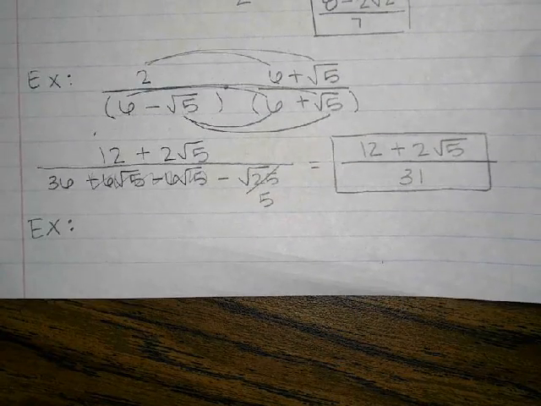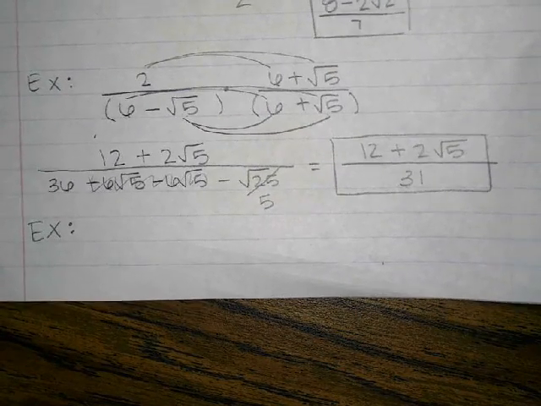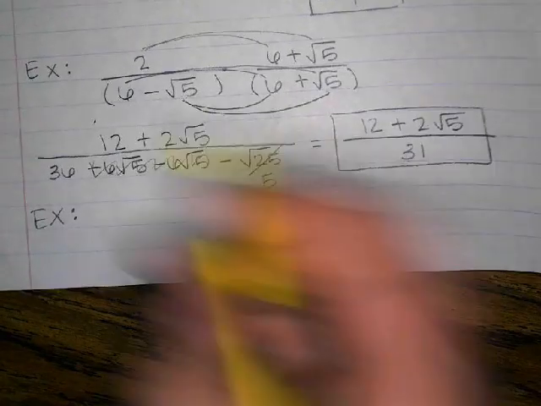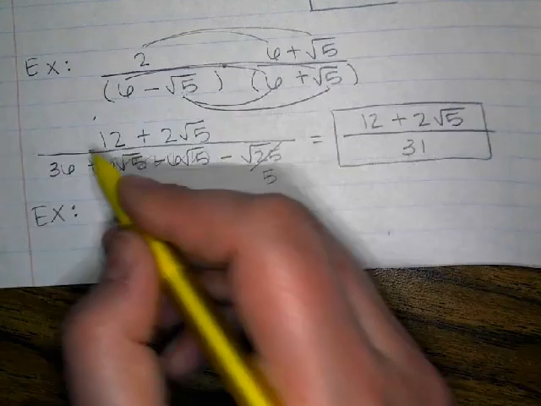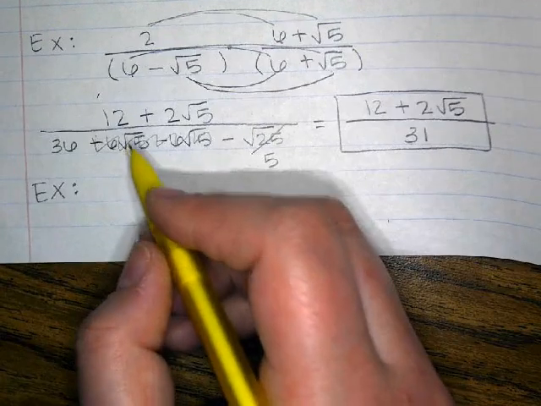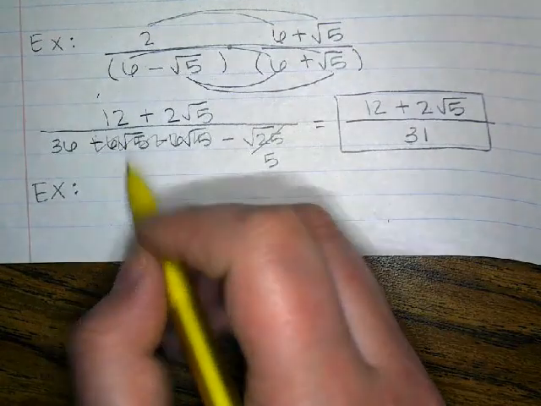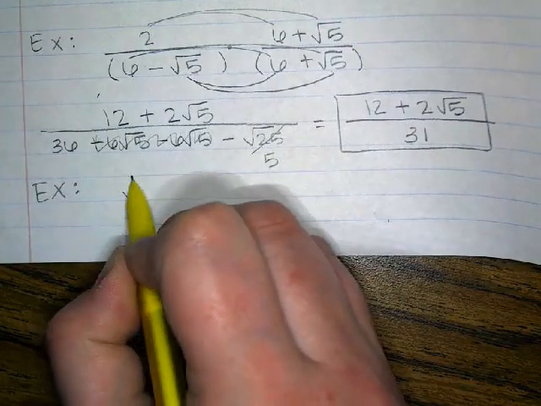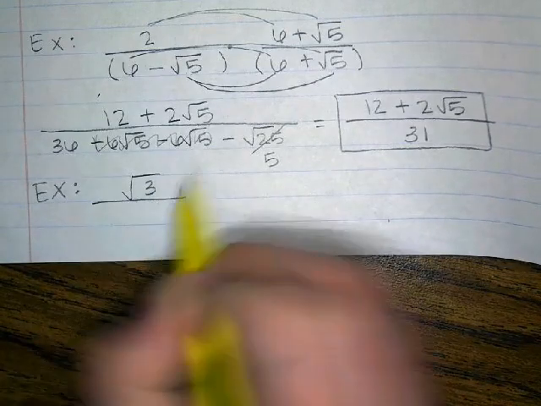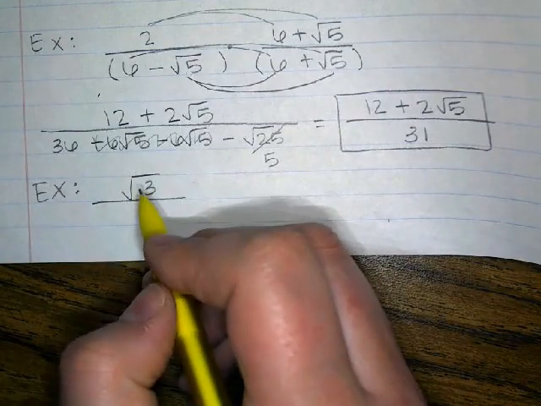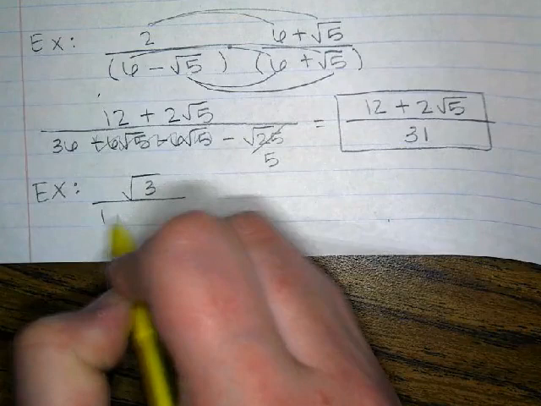All right. Let's do this one, and then I'll let you guys try a couple on the sheet. So we have root 3 on the top, 1 minus 4 root 2 on the bottom.